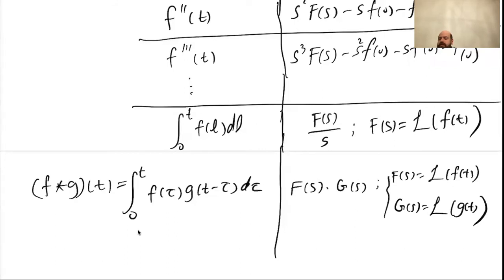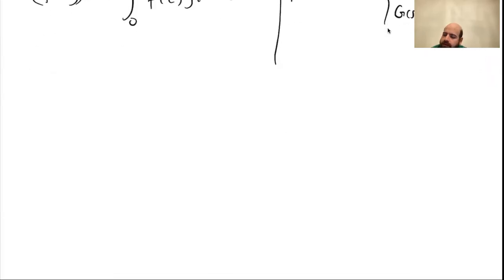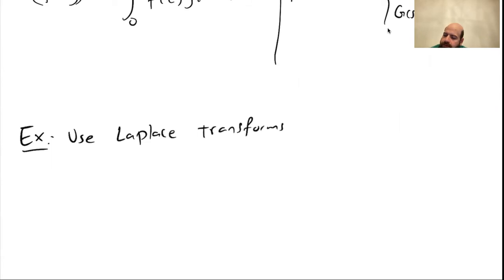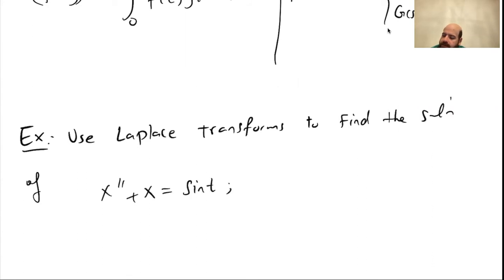Let's look at an example of how we can apply Laplace transform to solve a differential equation. So for example, use Laplace transforms to find the solution of x double prime plus x equals sine t with x of 0 equals x prime of 0 equals 0.